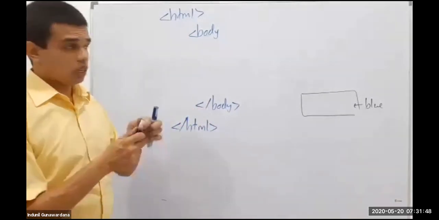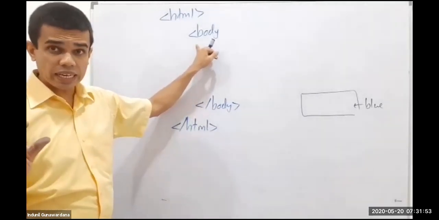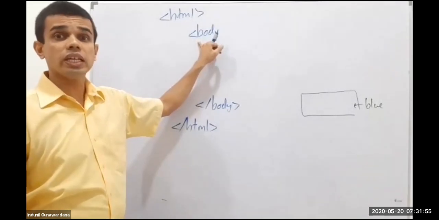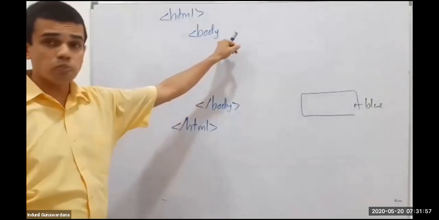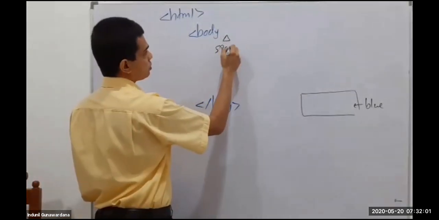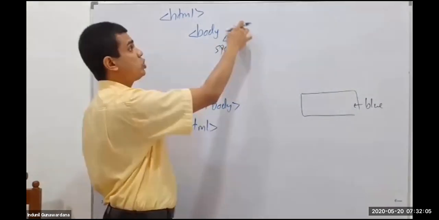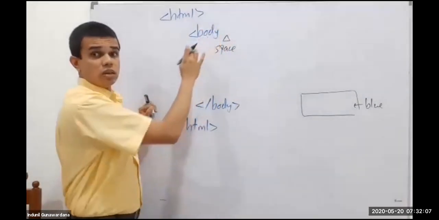So I want to use an attribute for the body tag, which is used at the opening tag. I write it like body. Then the attributes are written after a space. We leave a space, and then we write the attribute that should be applied to this body element.